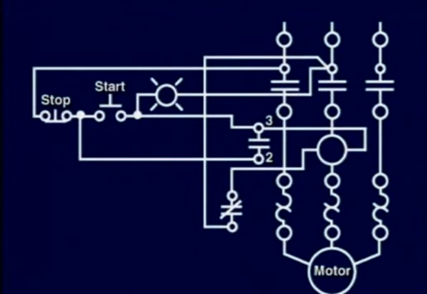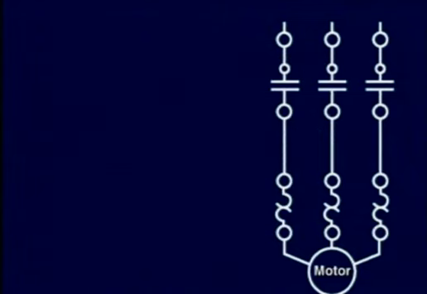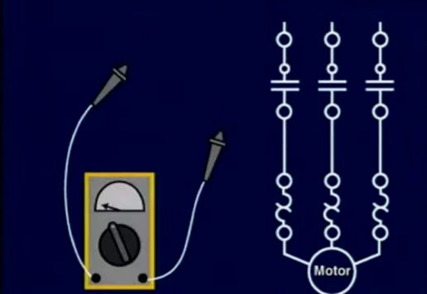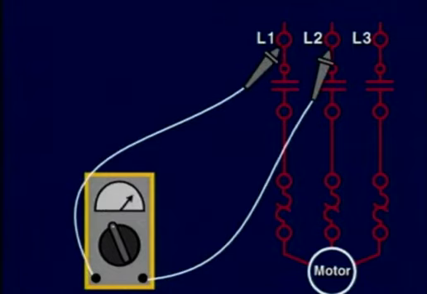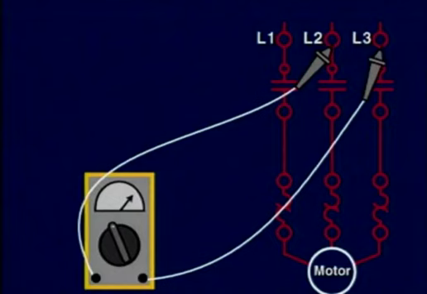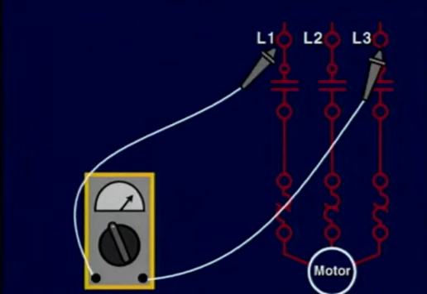For simplicity during the procedure of checking the power circuit, let's remove the sections which correspond to the ladder diagram control circuit. With the starter on, we first start by checking with the meter for voltage presence in the L1, L2, and L3 lines by measuring across each, from L1 to L2, from L2 to L3, and L3 to L1.